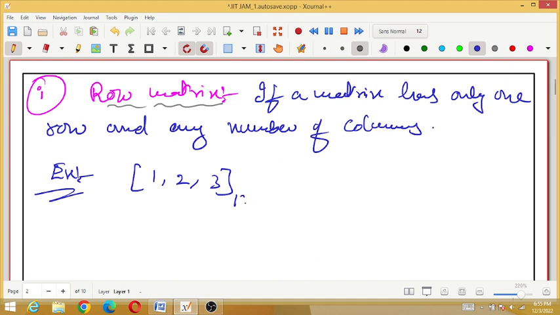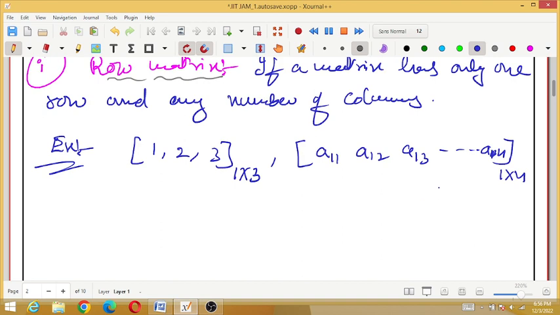Here there is one row and 3 columns, so its order is 1 by 3. Similarly, one more example: A11, A12, A13, and so on, up to A1n. This order is 1 by n. This is a row matrix.